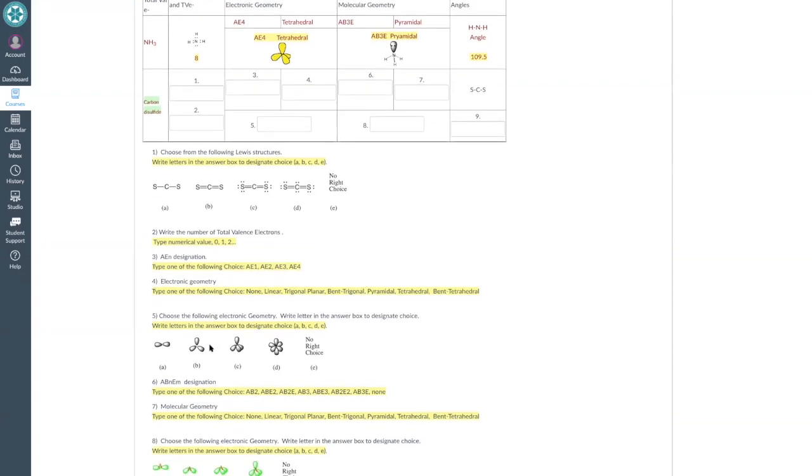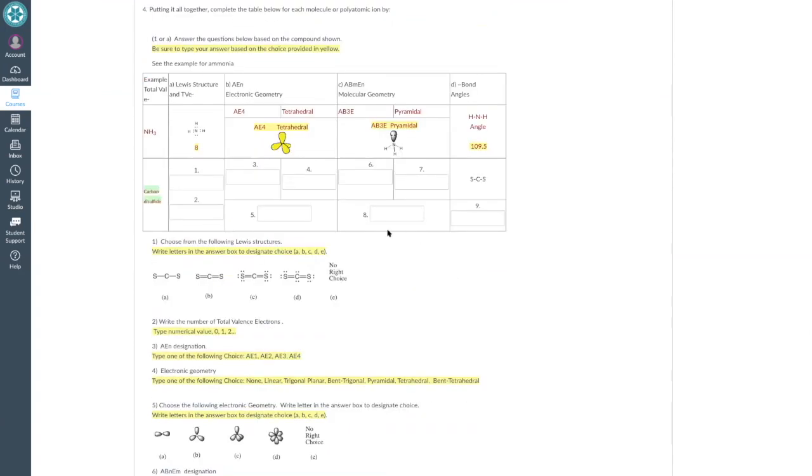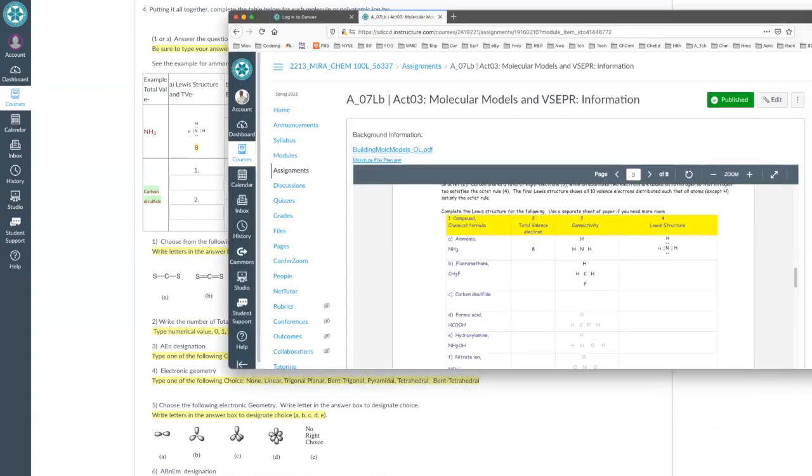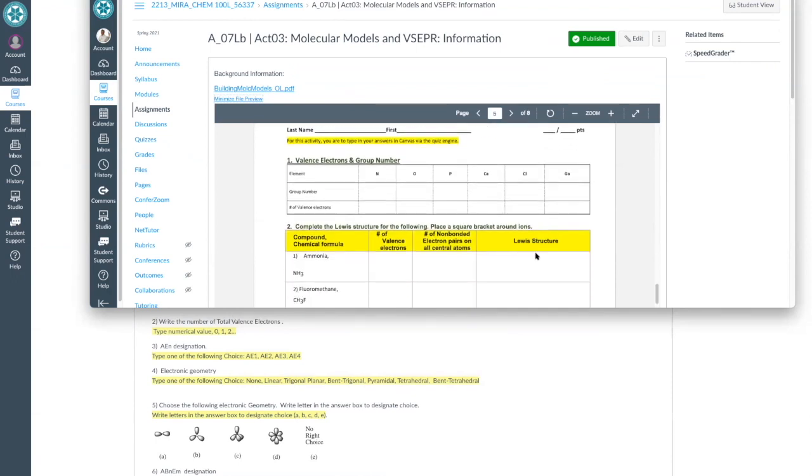Number 5 is, based on the electronic designation, you're going to pick one of these that corresponds to linear, trigonal planar, tetrahedral, or some weird shape. So in the second part, you just go through these questions and put the answers in these boxes over here. Kind of similar to your activity on this part right here.